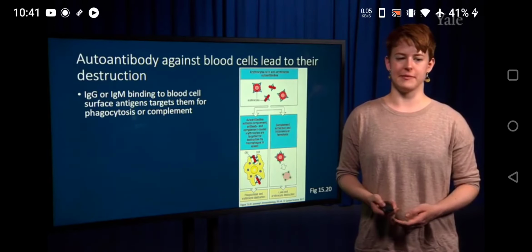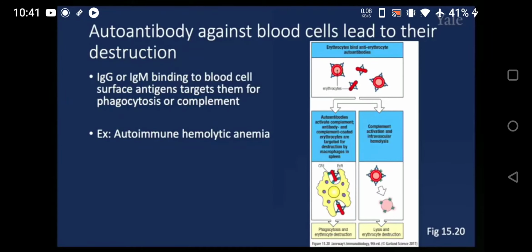An example of this is autoimmune hemolytic anemia, which from the name we can see represented in this chart. The red blood cells are coated in antibody and then destroyed, and the reduction in red blood cells therefore leads to anemia in the patients.